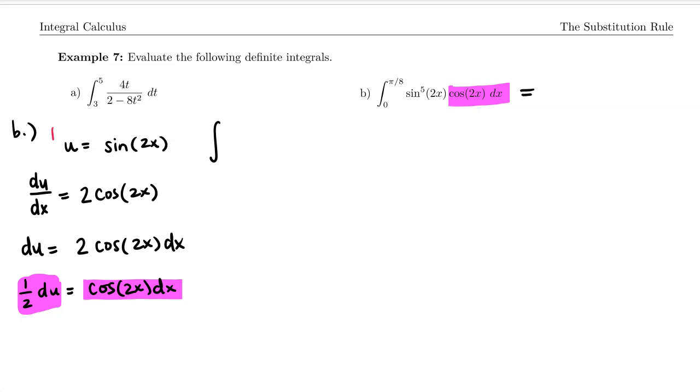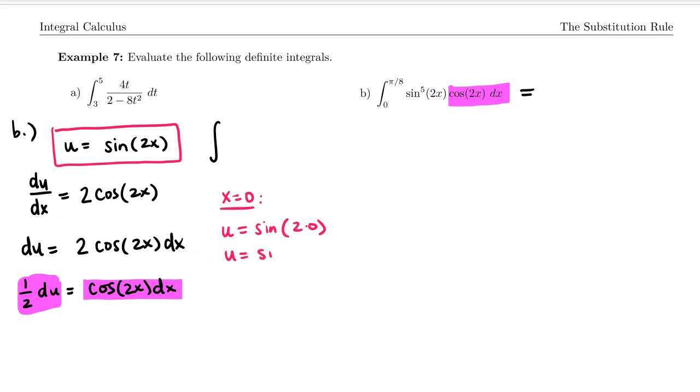So I know that u is equal to sine of 2x, and if our original lower limit of integration is x equals 0, then if I plug that into my equation, I get u is equal to sine of 2 times 0, which is equal to sine of 0, which is equal to 0. So my new lower limit of integration is going to be 0.